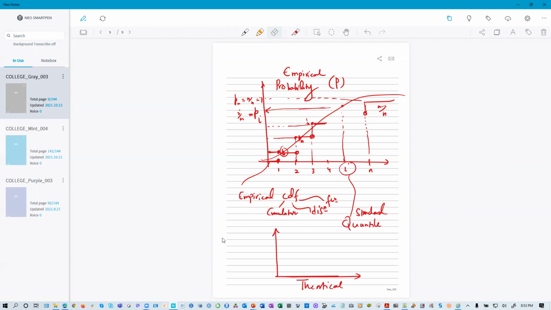That's the quantile they're going to use on this side, called the theoretical quantile, in order to get the plot. If the plot looks like this, that means normal. Remember, different shapes will give you different types of distribution.